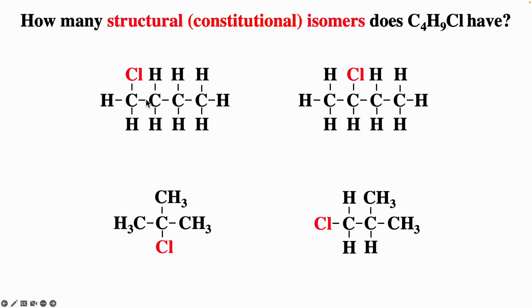And so what you could do is actually just make the structural isomers for C4H10 and then substitute one of the hydrogens for chlorine. And so we can put the chlorine here. We can put chlorine on the second carbon. If we have this one, put the chlorine off that carbon and put a chlorine off that carbon. And so we get 4 structural isomers.